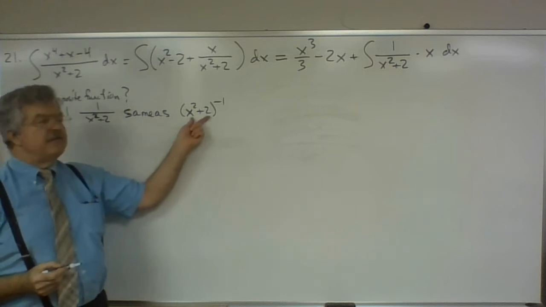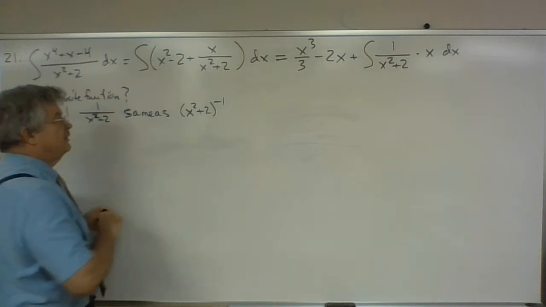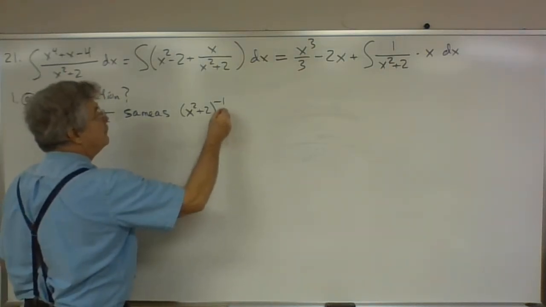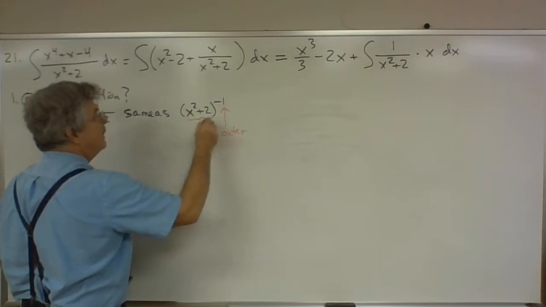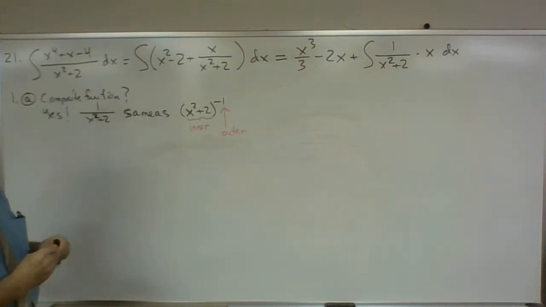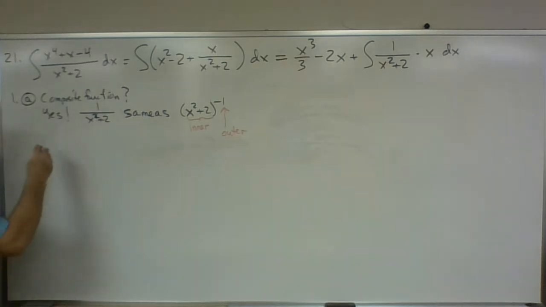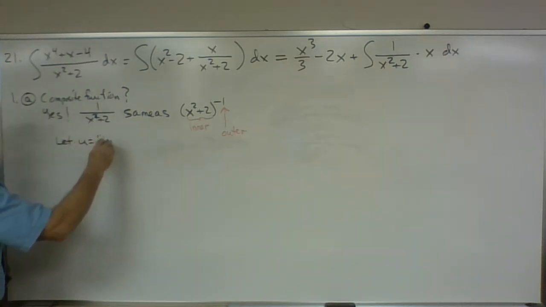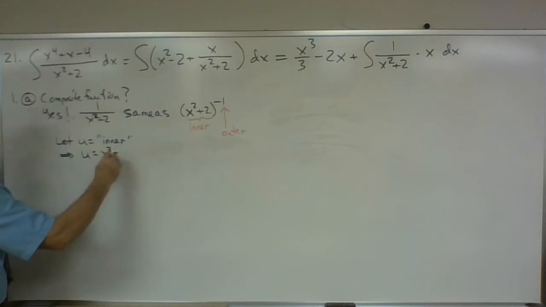So really we have a function raised to a power here, and that is always a composite function. So here is the outer function, and the inner function is x squared plus 2. Our rule of thumb is to let u be the inner function. So that means that u is x squared plus 2.